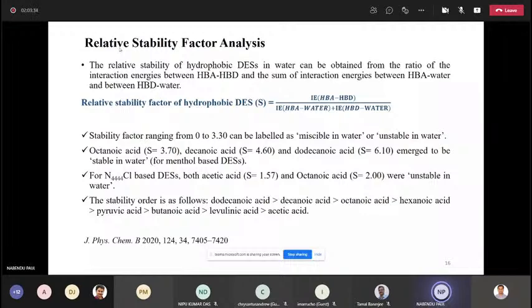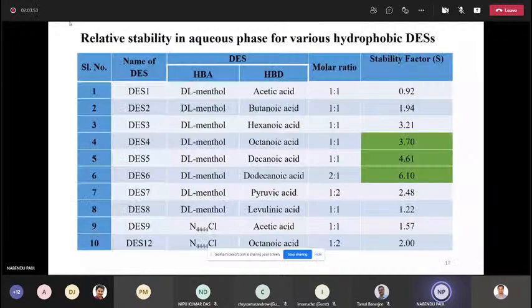With some experimental studies done by Professor Isabel's group, we found that from 0 to 3.3 of the stability factor, it is miscible in water. Let me show the chart. This is the chart that we got from the stability factor analysis.